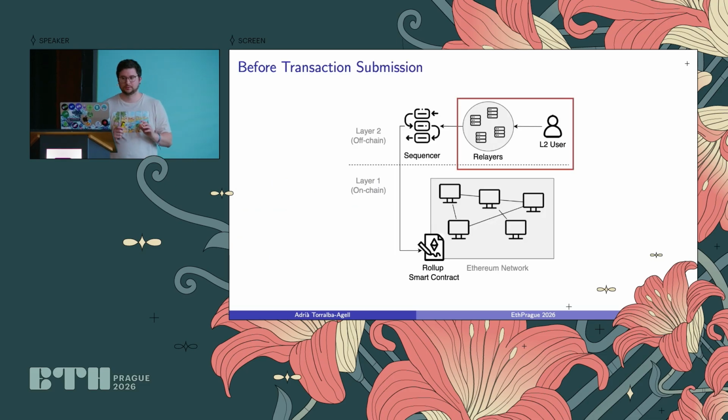The first phase is attacks that may happen before the transaction submission. This typically only involves the L2 user and the relayers. So attacks here will be tightly related to RPC access, RPC censorship, and this kind of attack.